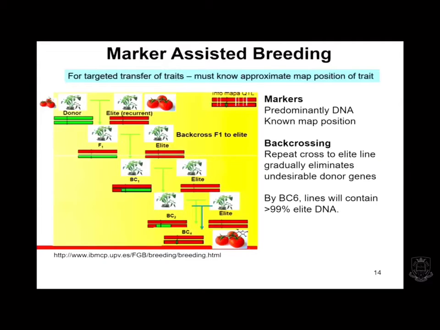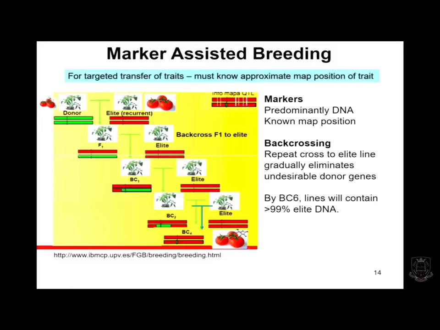So this is just illustrated here. What you're doing in this instance is you're attempting to introduce this trait, which has been mapped to this position, into your elite line. Okay? So we're doing a cross between a donor and our elite line. And obviously in the first generation, it's heterozygous at the locus of interest.